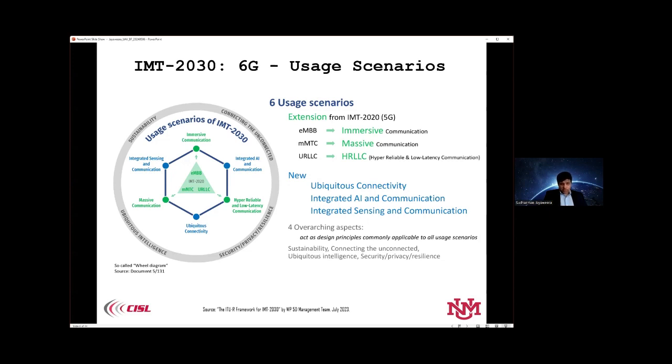In addition to these three, IMT-2030 is planning to introduce three new usage scenarios. These are ubiquitous connectivity, which is connectivity everywhere, and the integrated aspect, which is integrated AAM communications as well as integrated sensing and communications.